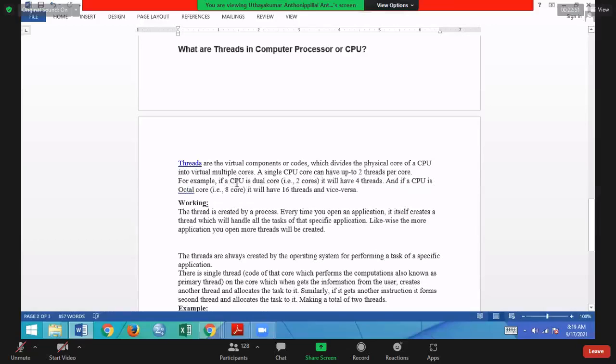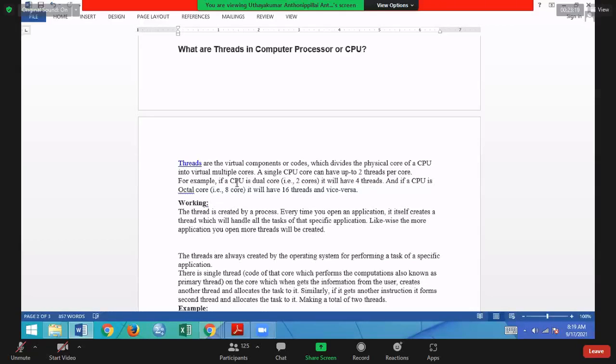Normally a single CPU core can have up to 2 threads per core. It depends on the hardware. So when we talk about one processor, the single core contains 2 threads, right?